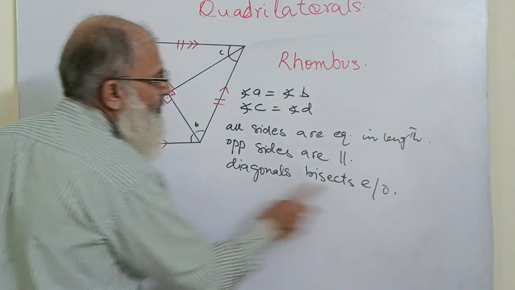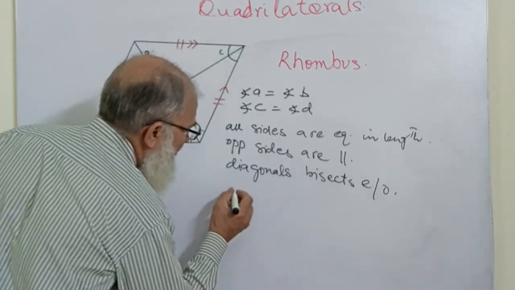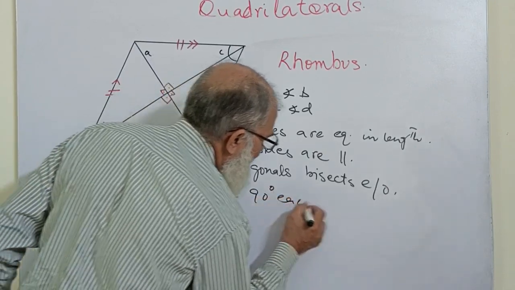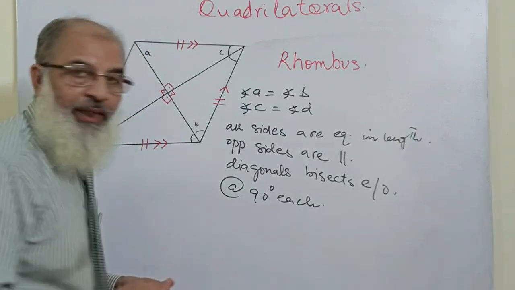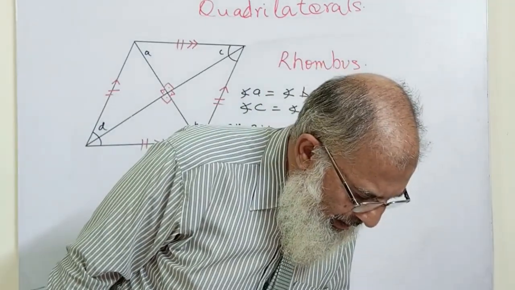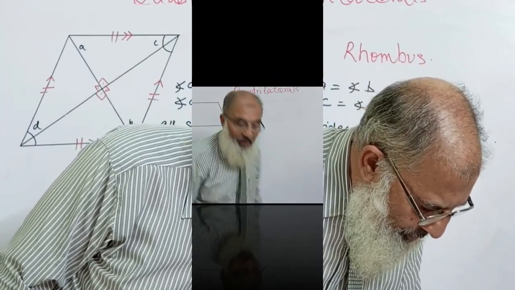So the diagonals bisect each other, and to complete this sentence, we can say at 90 degree at point O. Okay. So these are the summary of the properties of rhombus.